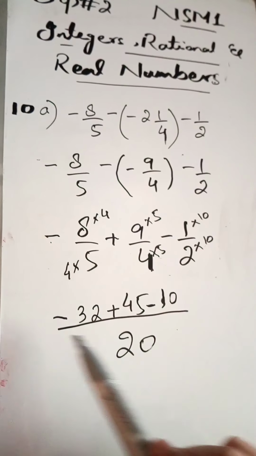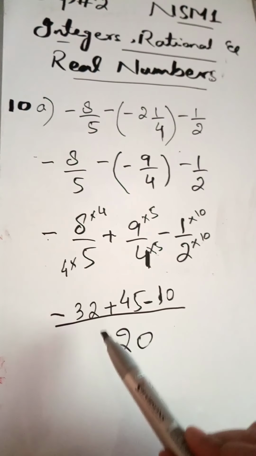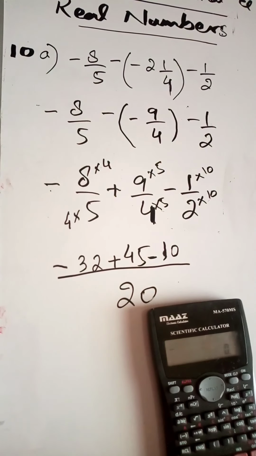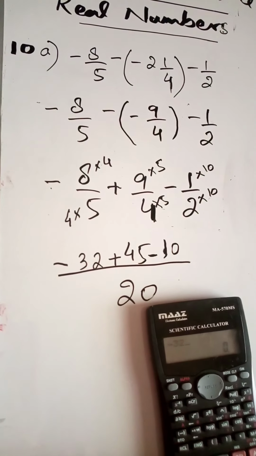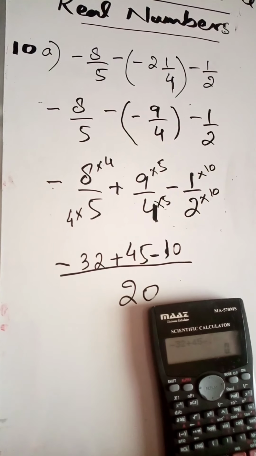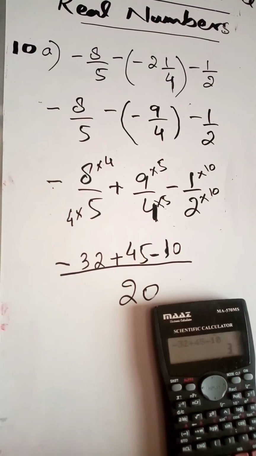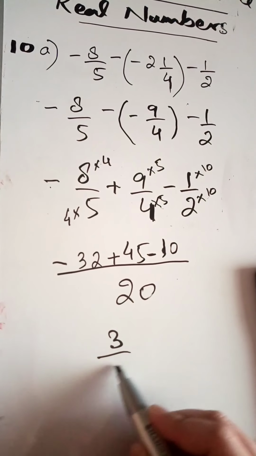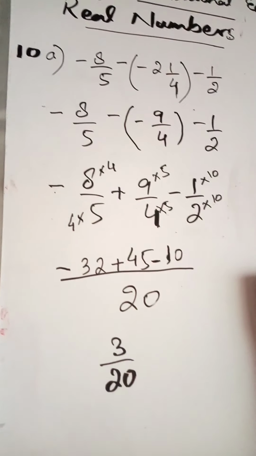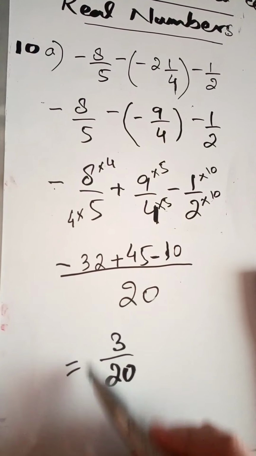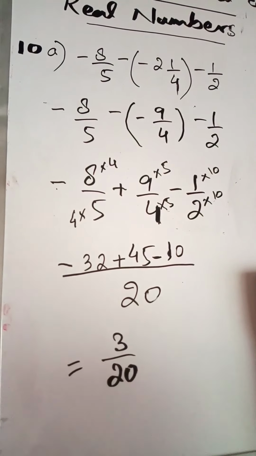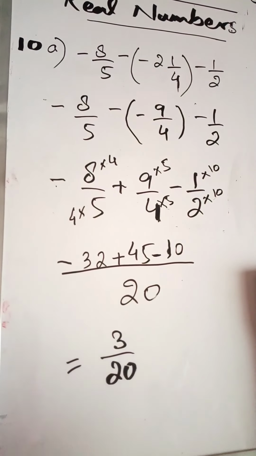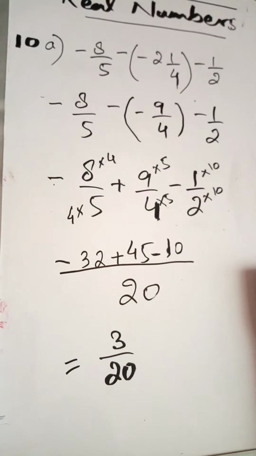Now we solve all the terms: minus 32 plus 45 minus 10. So we get the answer 3 by 20. Now students, it is a proper fraction, so there is no need to simplify it more because it is already simplified. So this is your answer of question 10 part A.